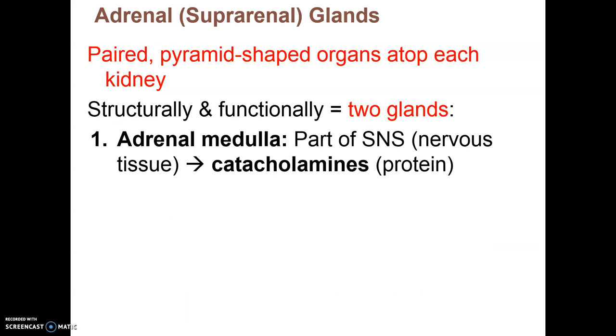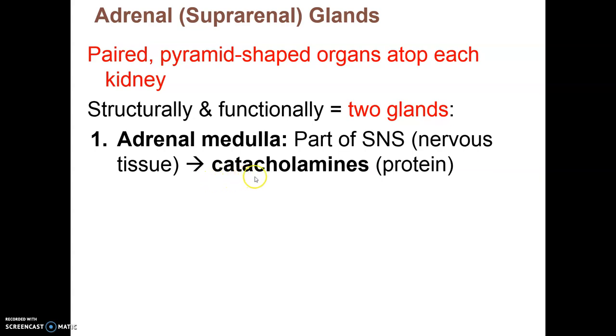Adrenal glands. There are 2 adrenal glands and each is sitting at the top of a kidney. The adrenal gland has a central region known as the adrenal medulla. The adrenal medulla is part of the sympathetic nervous system and it releases 2 hormones, epinephrine and norepinephrine.